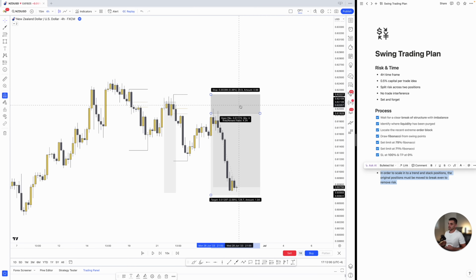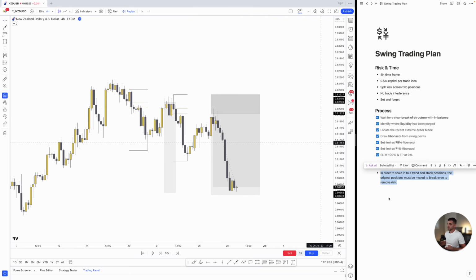So that basically sums up stacking into trades, right? And so again, just to clarify, if I'm only risking 0.5% per trade, but I'm splitting it into 2 different positions, that means I'm setting limit orders at 0.25% risk at the 71 and another 0.25% risk at the 79. Obviously that adds up to 0.5% risk.